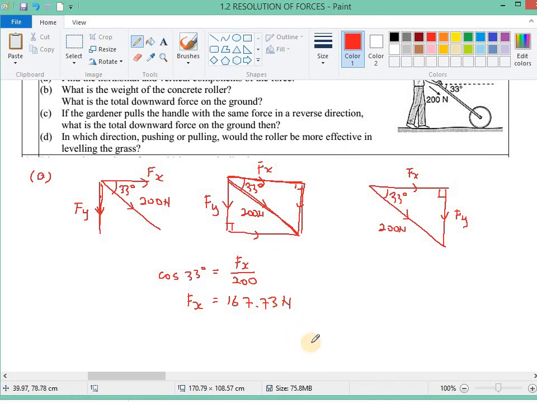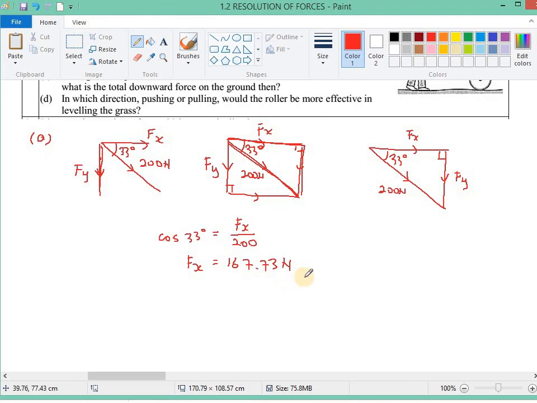167.73 Newton. For your information, for the new syllabus, the requirement for your answer is minimum 2 decimal places. That means if, for example, after you calculate from your calculator you get 167.7333, the minimum you must write is 167.73.